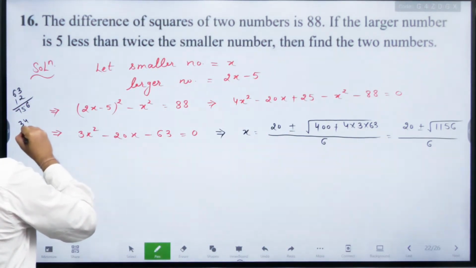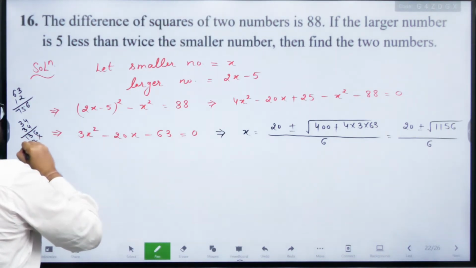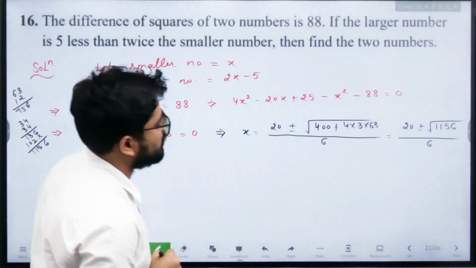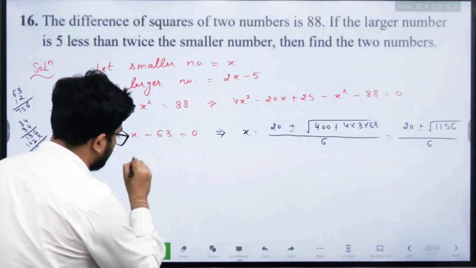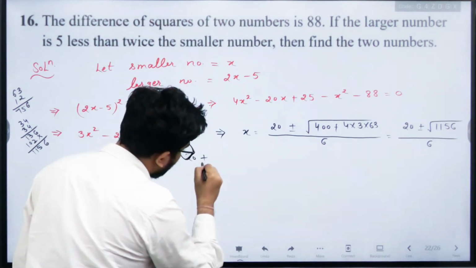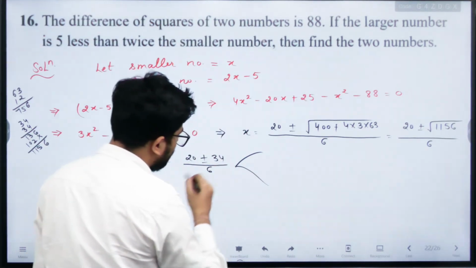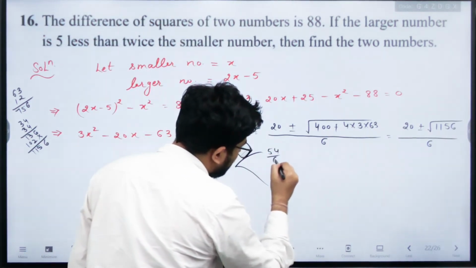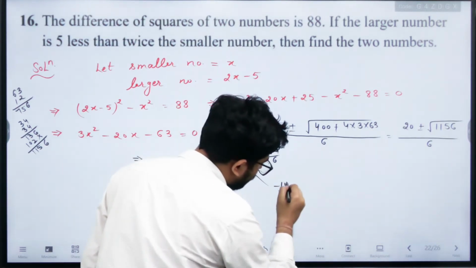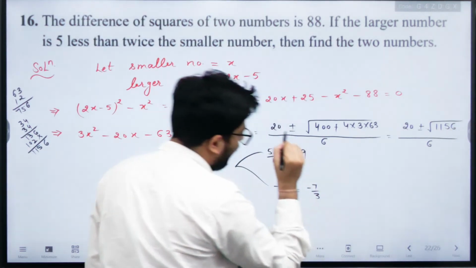You can calculate. Yeah, that's 34 square. So x is equal to 20 plus minus 34 by 6. You have two values: one is 54 by 6, which is 9, and the second one is minus 14 by 6, which is minus 7 by 3.